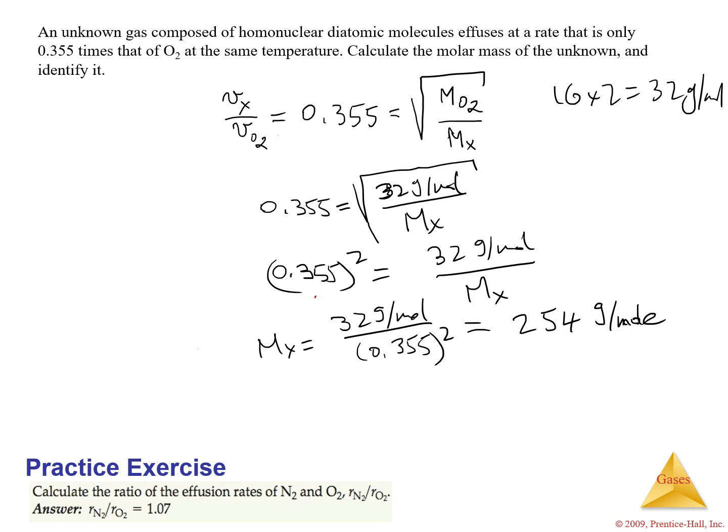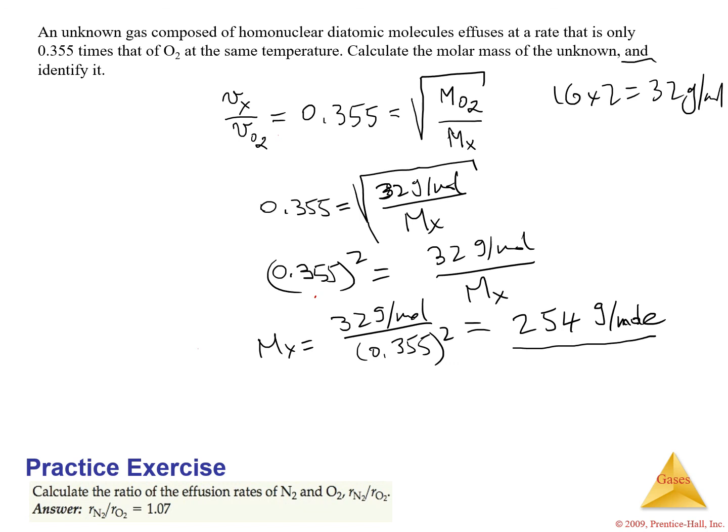Notice that this ratio doesn't come with any units because whatever the velocity units were, they were cancelled out. So this is the molecular weight of the unknown gas.